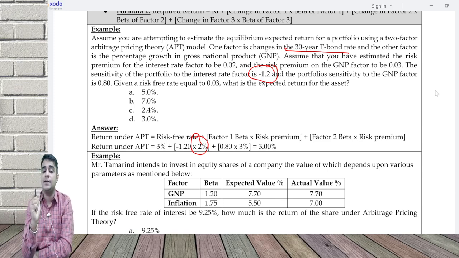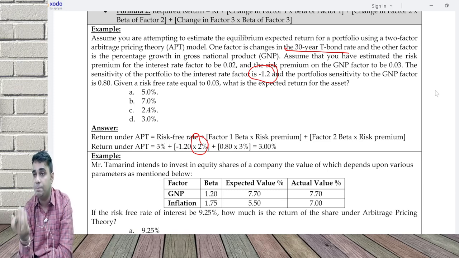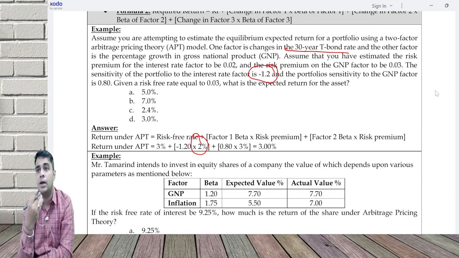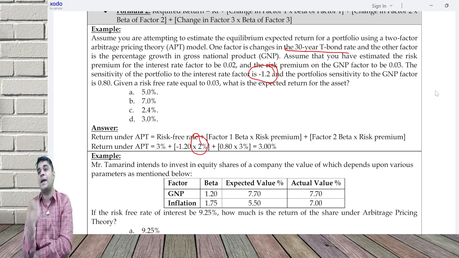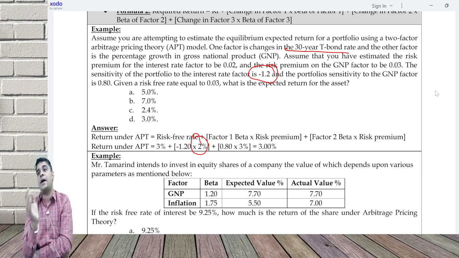Now the difficulty is, how do I attach this risk premium? Interest rate 0.02, GNP 0.03. It becomes very subjective in nature. And that is why it is not a preferred approach in the practical world. The approach loses its relevance because of calculating some random things like this. How do I calculate a random factor like this?